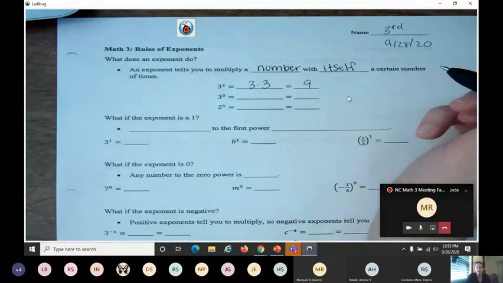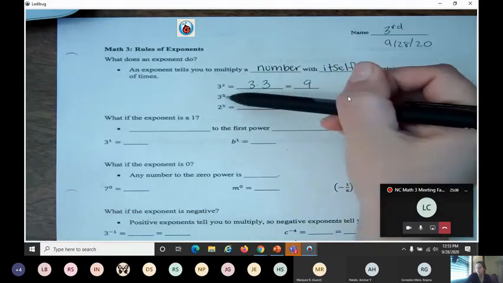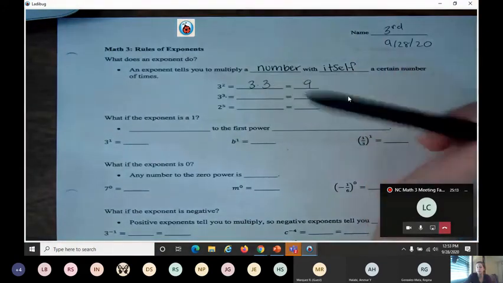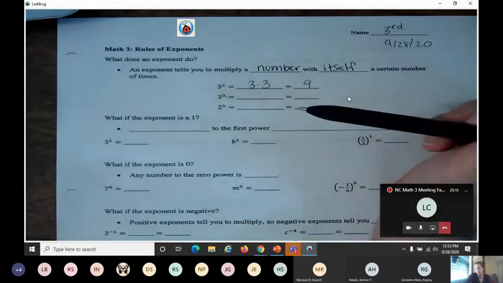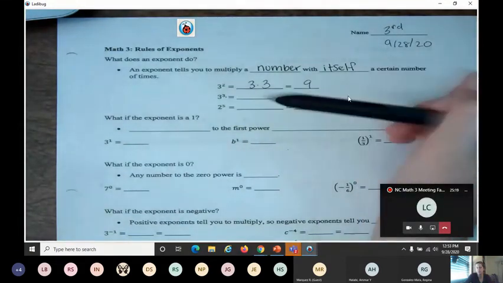Lizbeth, are you there? Yes. So how do we rewrite 3 cubed as a multiplication of numbers? What is 3 cubed?